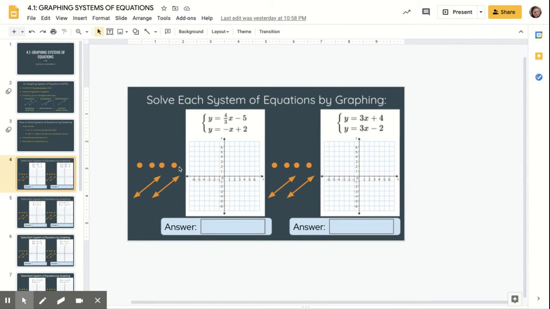The negative 5 tells me to put my y-intercept at negative 5. And then the 4/3, remember that the part on the top is called the rise, and the part on the bottom is called the run.